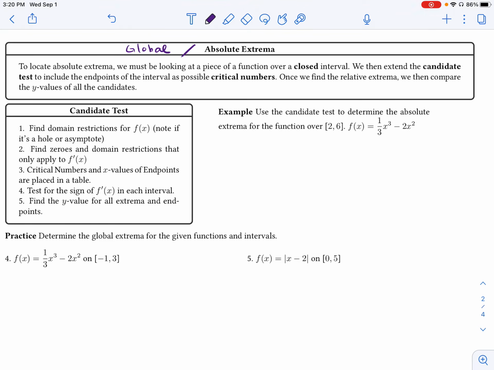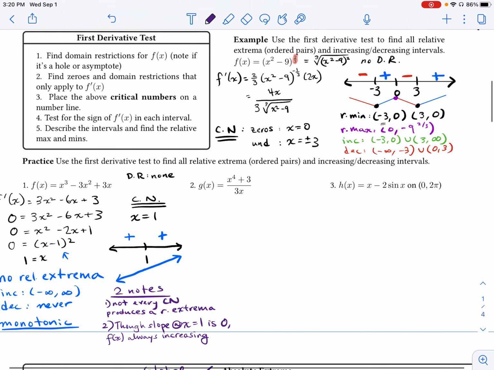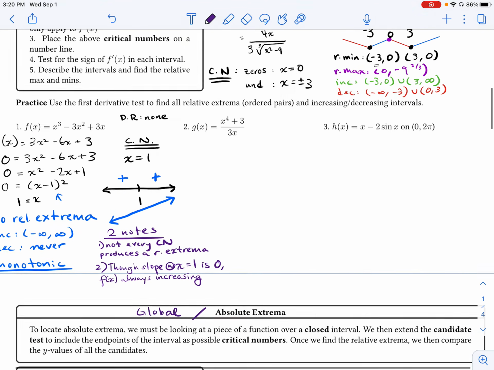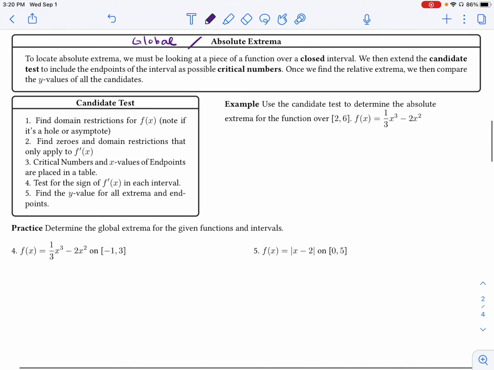So you'll notice here that this candidate test is very, very similar to the first derivative test. In fact, if you want to jot these down or take screenshots and compare them, you'll see that they're pretty similar. The main thing is now we are including the endpoints as a possible candidate for our absolute extrema.